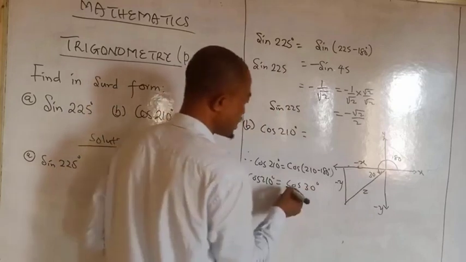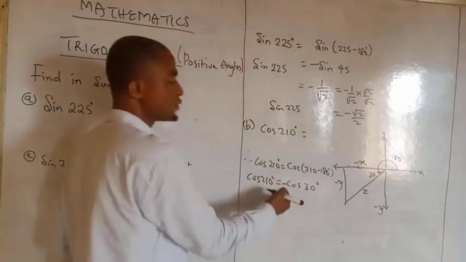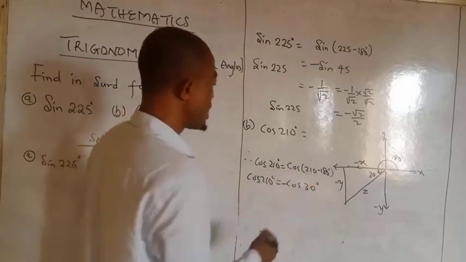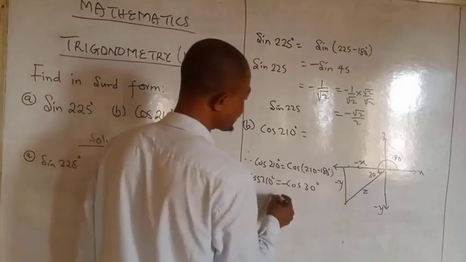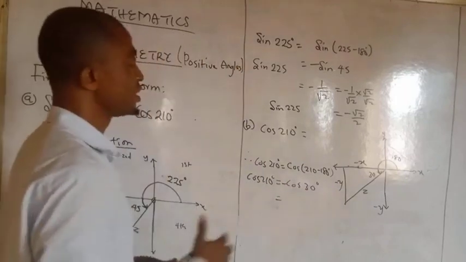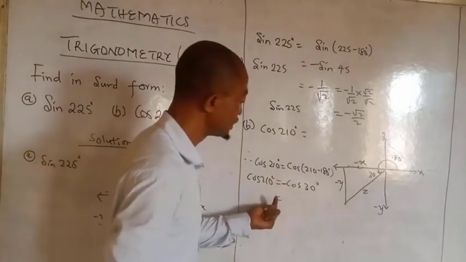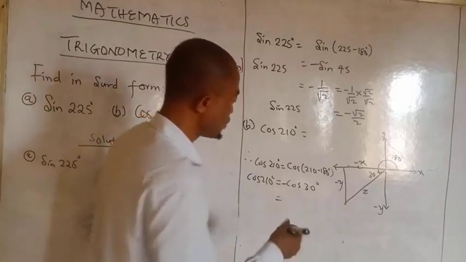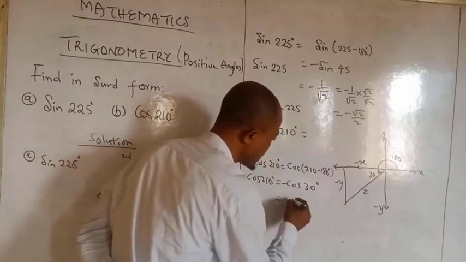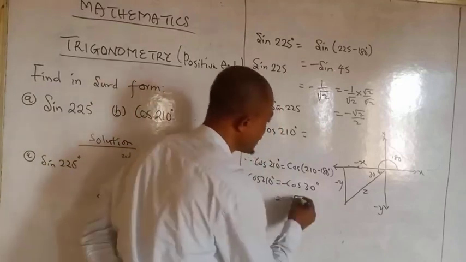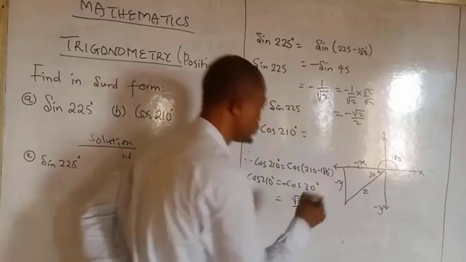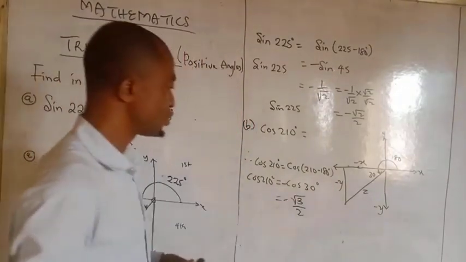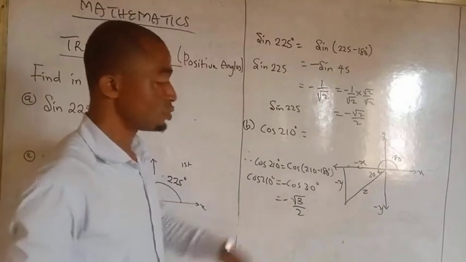You just put negative cos 30. So cos 210 is equal to negative cos 30. From our special angles, cos 30 is root 3 over 2, so the answer is negative root 3 over 2.